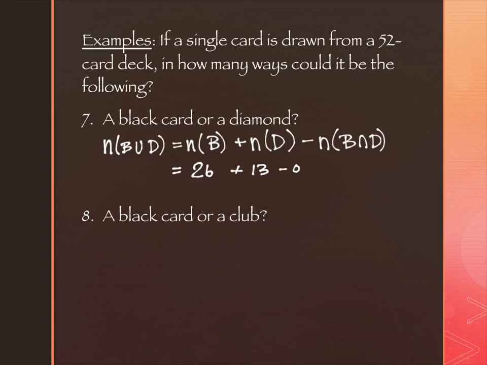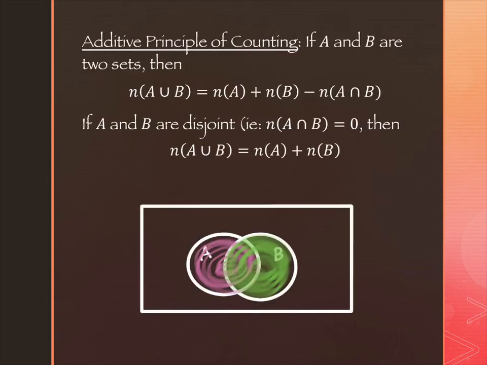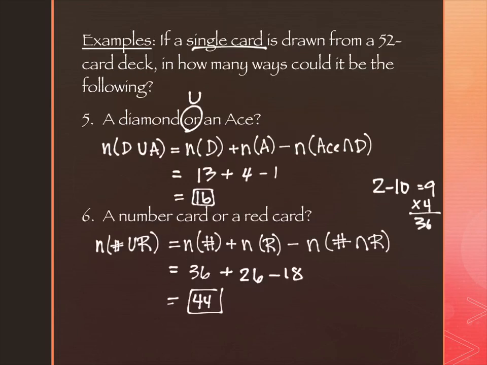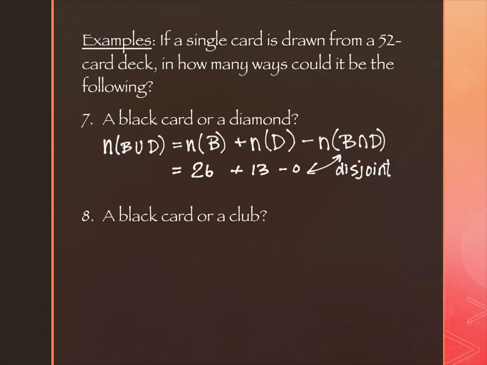This is actually an example, because this is 0 right here, noticing this, of disjoint sets. That was mentioned over in our description. I'll flip back over here just so you can see it. It tells you down here that if you have sets that are disjoint, which these do happen to be, it ends up being just the number of items in each set added together, because there's no overlap. It comes about by the nature of the question. You don't have to decide that at the beginning of it.